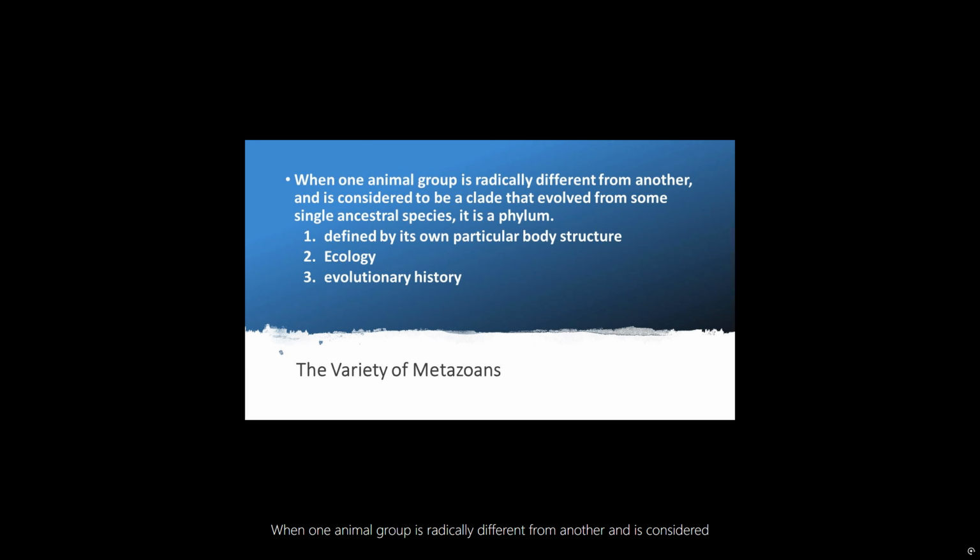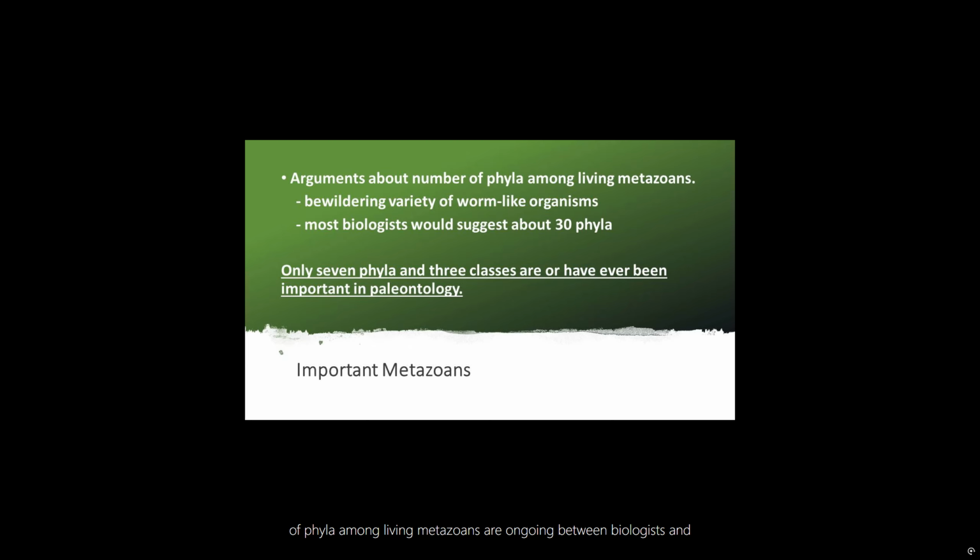When one animal group is radically different from another and is considered to be a group that evolved from some single ancestral species, it is a phylum, defined by its own particular body structure, ecology, and evolutionary history. Arguments about the number of phyla among living metazoans are ongoing between biologists and paleontologists.